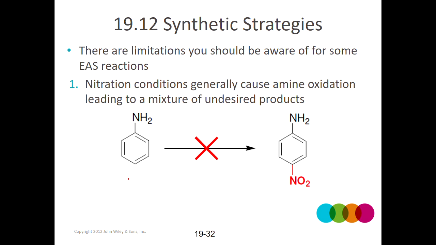A few limitations on the EAS reaction are going to be relevant if you're solving synthesis problems. One is, you can't do a nitration of an amine. And the main reason for that is because the conditions that you need to add a nitro group, which are HNO3 and H2SO4, are very strong acids.